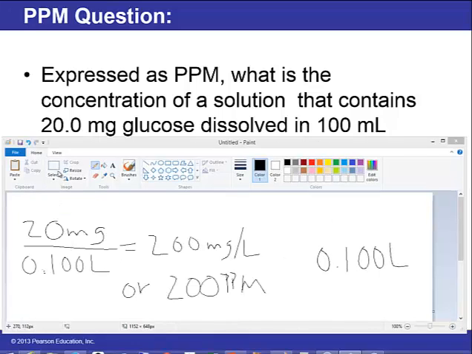So if we finish working out this equation, what we see is if we divide 20 milligrams by our volume of 0.100 liters, what we come up with is 200 milligrams per liter. And we know our milligrams per liter concentration is equivalent to parts per million. So we can also say that this is 200 parts per million solution.